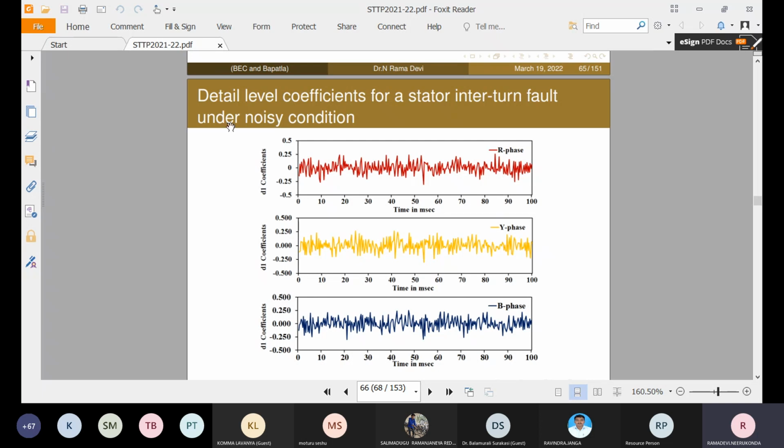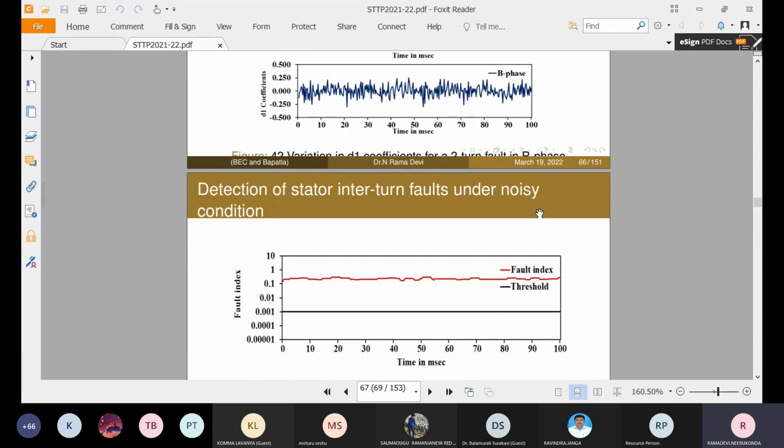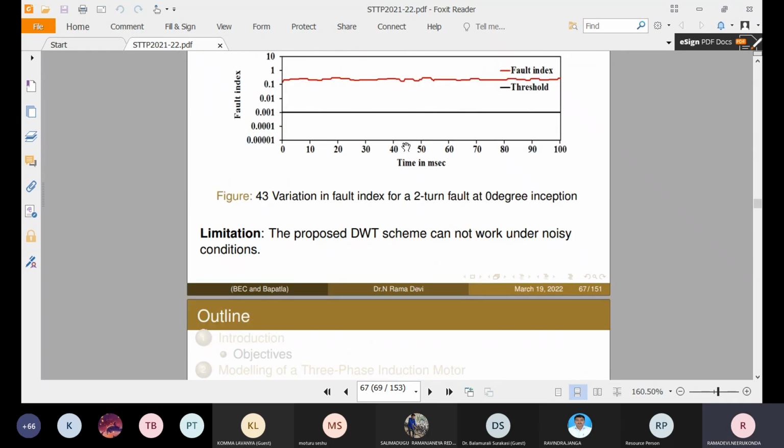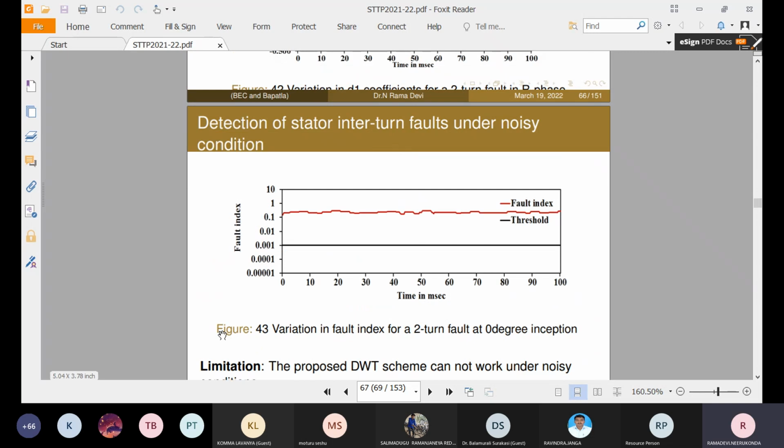Because of that, we see a continuous variation of the coefficients. That means the noise frequency is matched with the fault frequency of two turns. So the algorithm does not identify the fault instant, and the entire interval is represented as a fault.